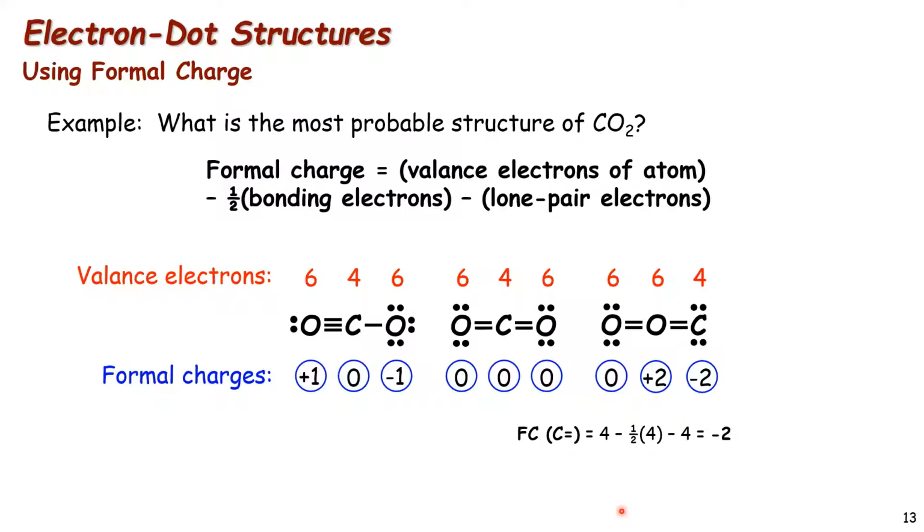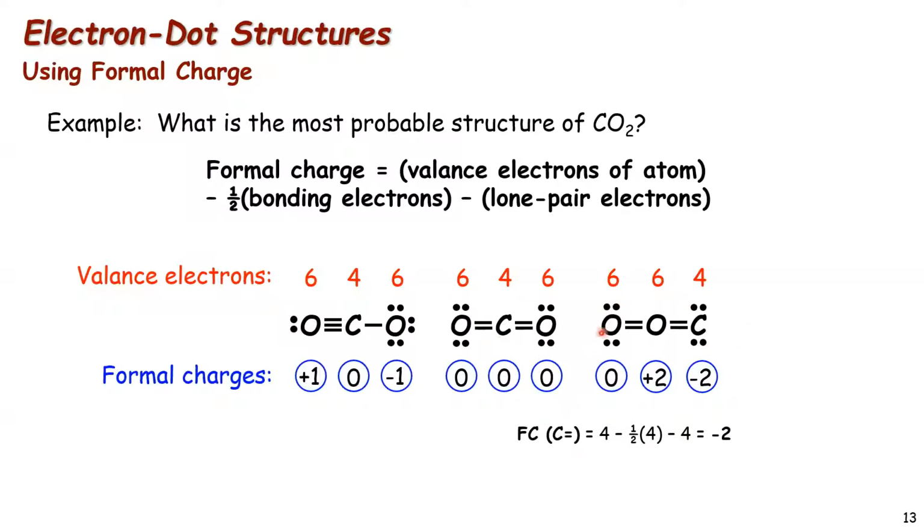Okay, so now we got to sit here and think of which one of these is the most probable structure. Well, we could eliminate this guy right off the bat, right? We didn't actually follow the initial rules. The least electronegative atom should be the central atom. And we know that oxygen is closer to fluorine than carbon. And so carbon is the least electronegative atom.